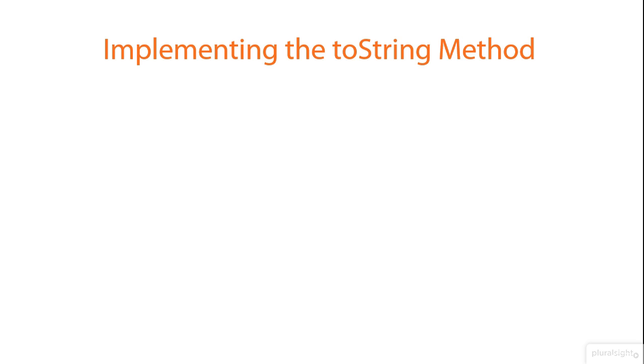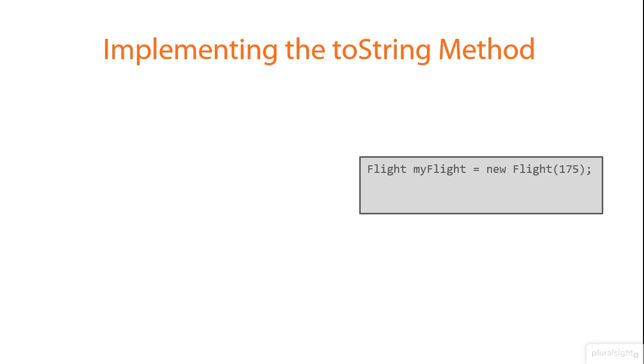Now remember that we have our Flight class that we've been using throughout the course. So here we create a Flight instance with a flight number of 175. If I now say println "my flight is", and then we simply concatenate on myFlight, what Java is going to do is call toString on the object referenced by myFlight. Now we haven't implemented toString in the Flight class, so it's going to call the implementation from the Object class.